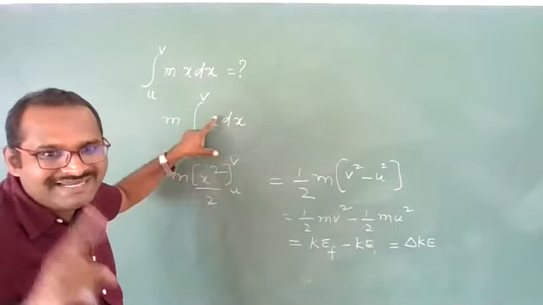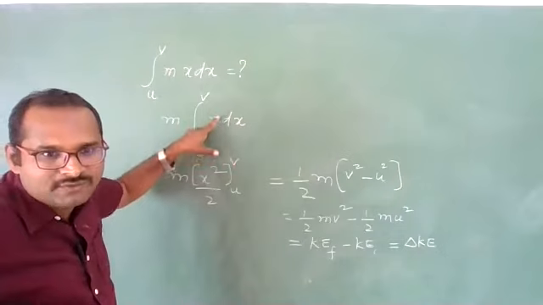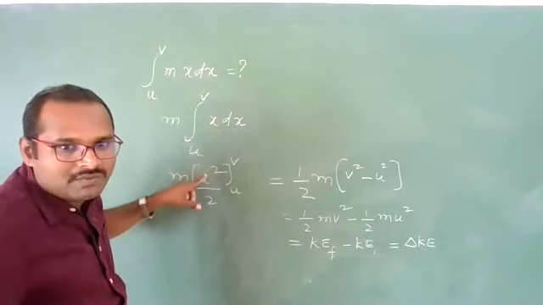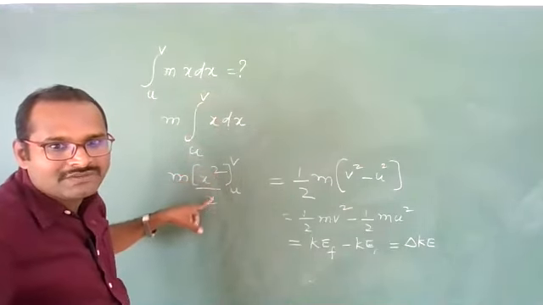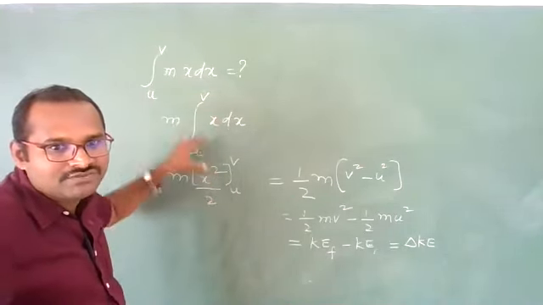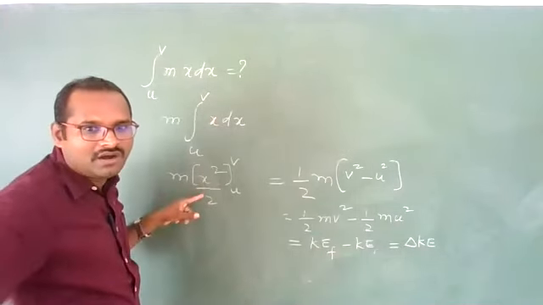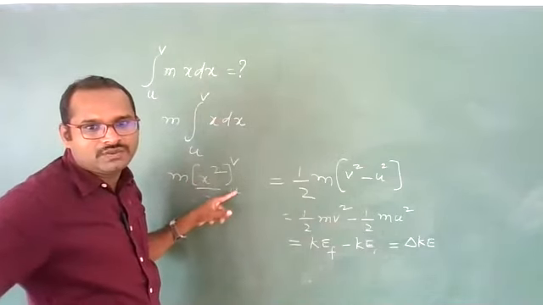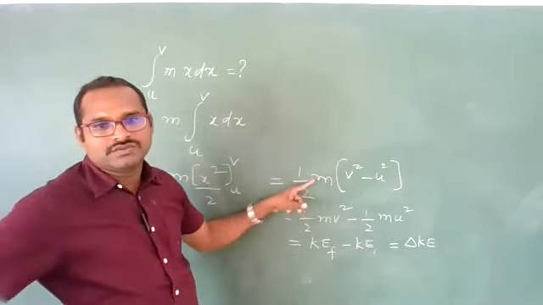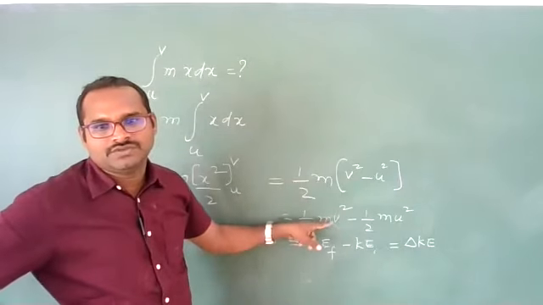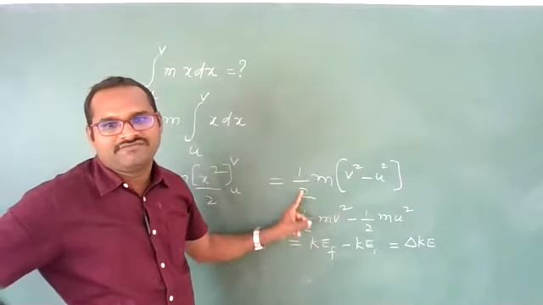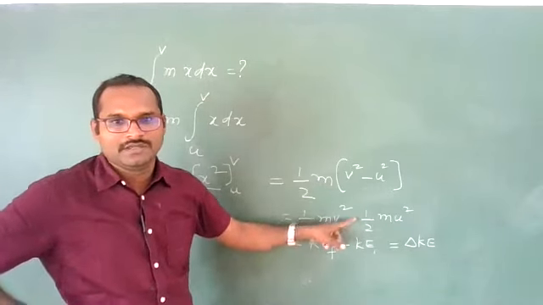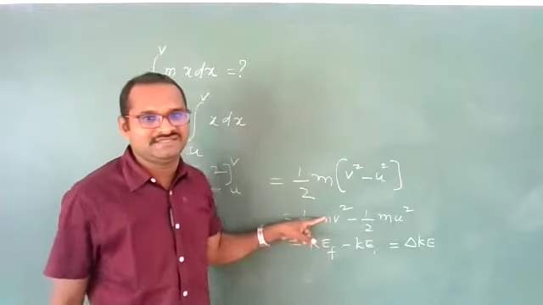Here in the place of n, 1 is there. The formula is x power n plus 1 by n plus 1. So x power 1 plus 1, 2, divided by 1 plus 1, 2. And these limits we should apply, u to v. Now half m, upper limit v square minus lower limit u square. So it is half m v square minus half m u square. You will get this. v stands for final velocity.